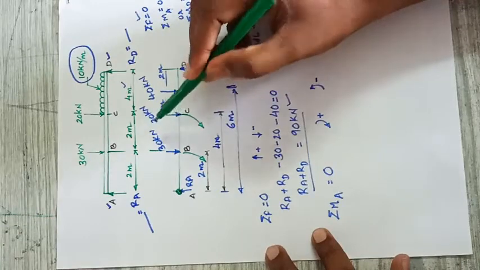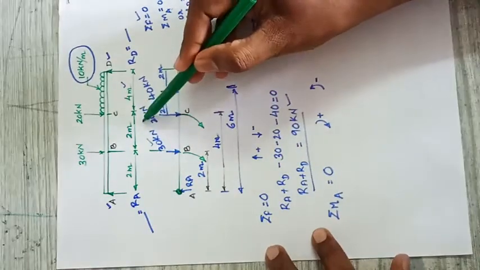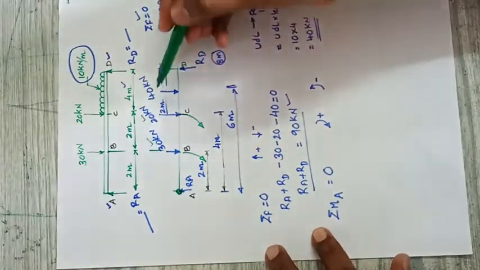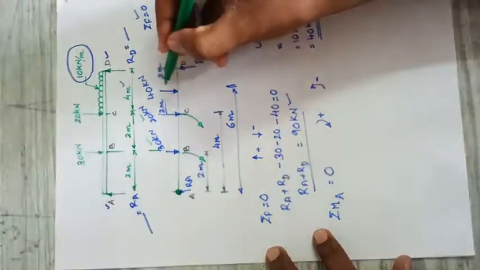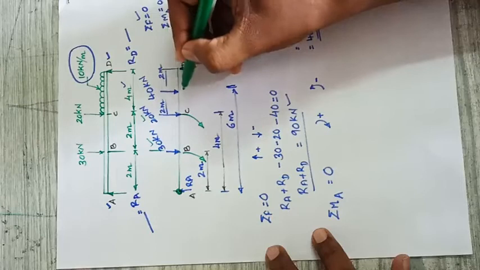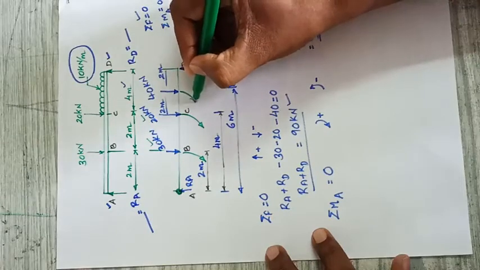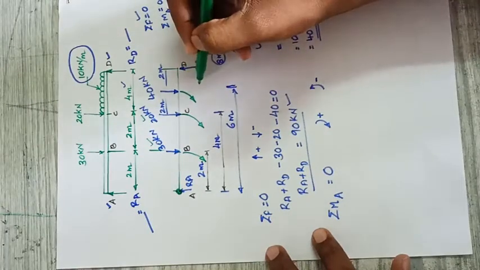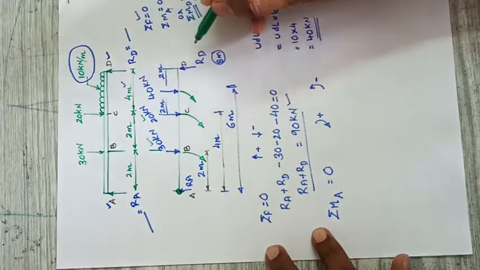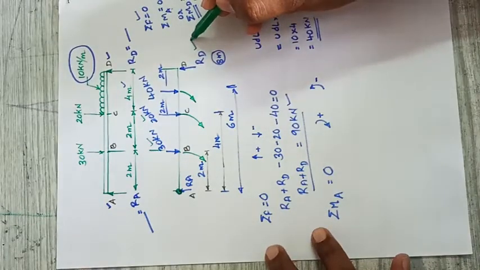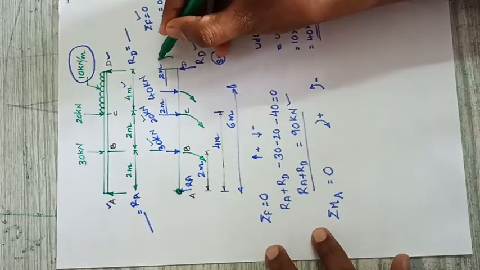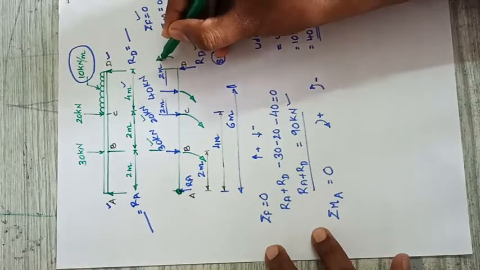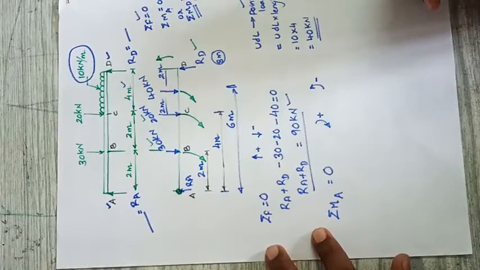The moment because of the 30 and the 20 kilonewton with reference to point A is clockwise. The point load because of the UDL is also acting clockwise. The remaining is RD, and the moment about this RD acts in the anti-clockwise direction.